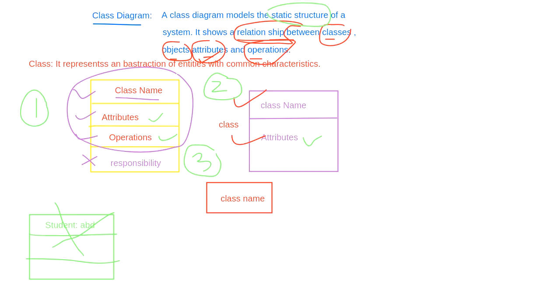What do you mean by visibility? Let's take an example of a student only. You have a class called student.